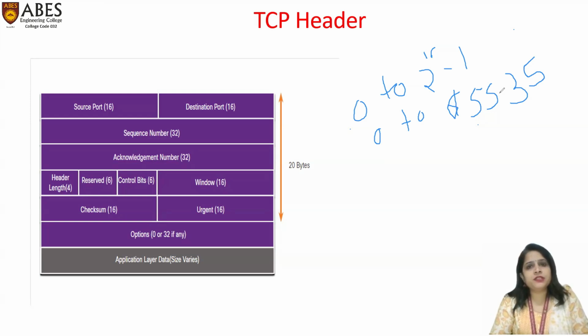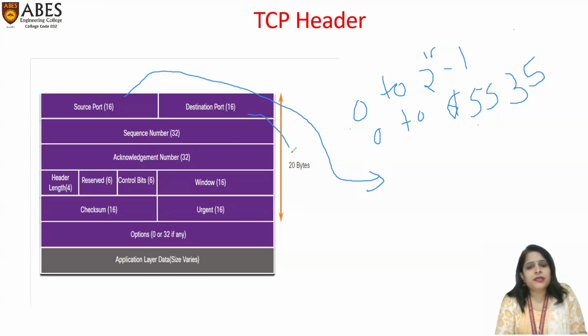Suppose I am sending one message using the TCP header from sender to receiver. It may be possible that at that moment multiple applications are running on my PC. Each application running in the network is assigned some port number by the operating system, so the source port address is used to identify the source application process uniquely in the network.